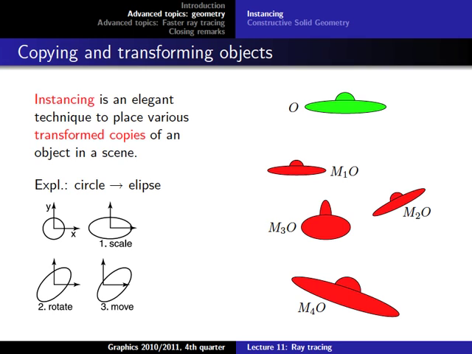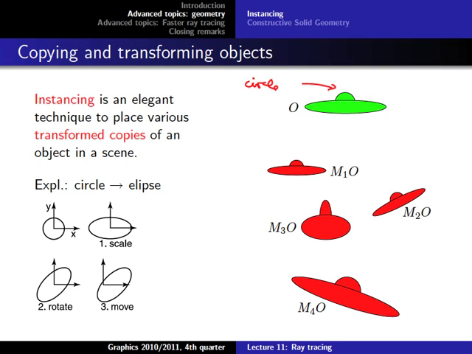There is a technique called instancing, which is often used in ray tracing, where we take one standard object and then use transformation matrices to create so-called instances of that object, which are basically slightly transformed variants of that object. So for example, here we have a circle, which is one of the really basic objects that we had.